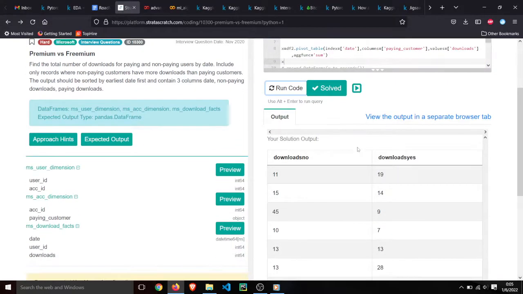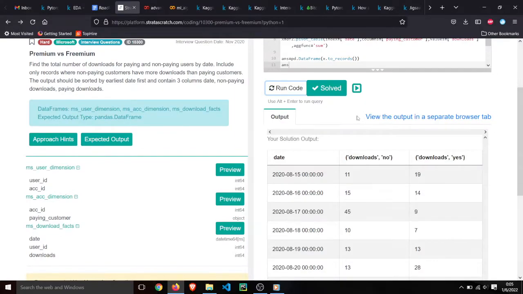Okay, you don't see the date column over here because the index has not been reset yet. So let's do that first. Now we have the date, then the downloads for non-paying customers, and then the downloads for paying customers, right? So we have our answer in front of us right now.